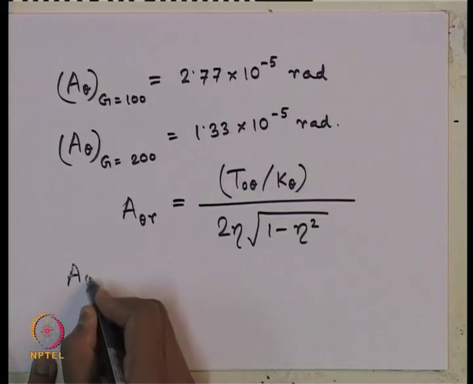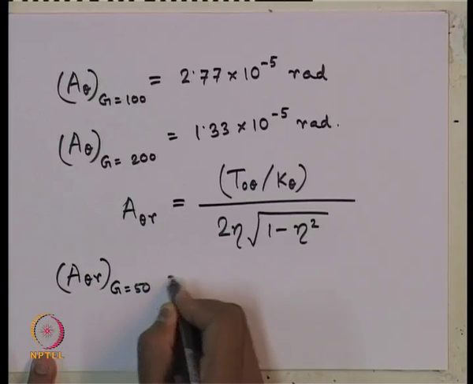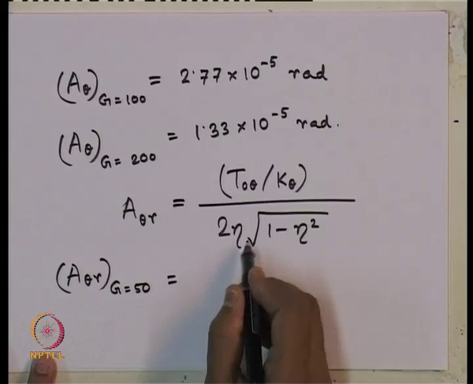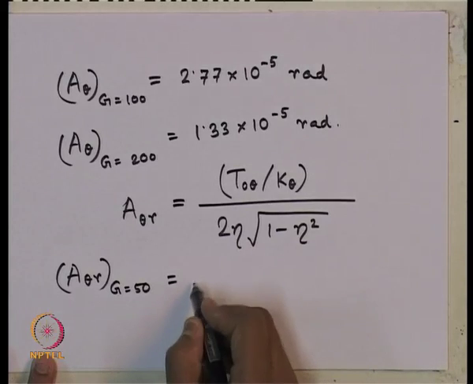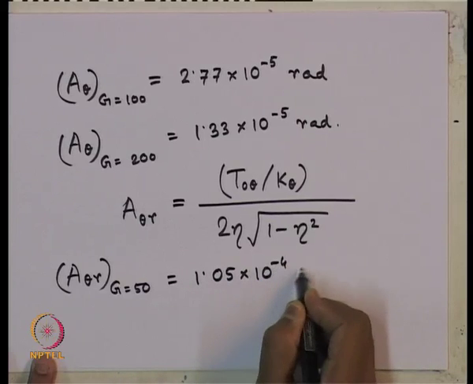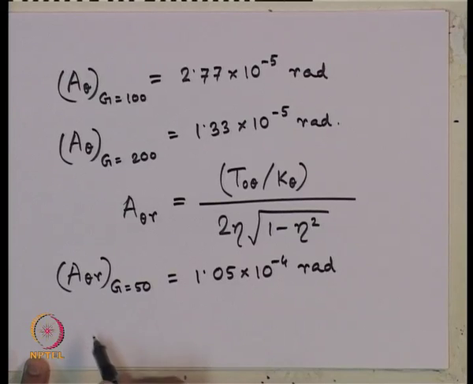So, a theta r at g equals to 50 should be, putting corresponding values, we get eta is 0.25, 1.05 into 10 to the power minus 4 radian. If you check this value, this has to be more than the a theta we are getting at operating frequency.